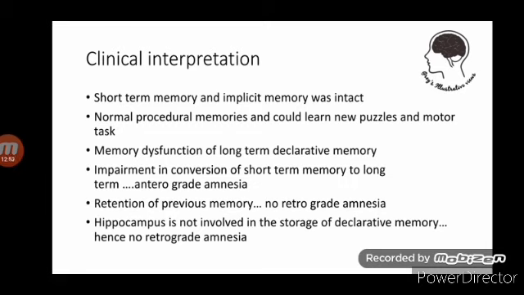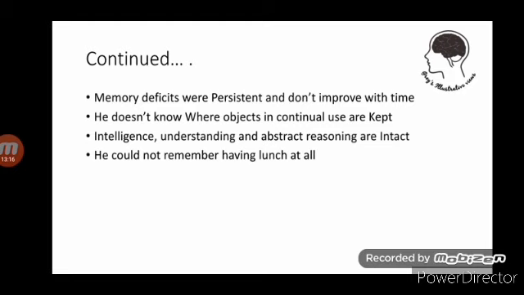Retrograde amnesia is actually a lesion of the dorsomedial nucleus of the thalamus. This means that the hippocampus is not involved in the storage of declarative memory, hence no retrograde amnesia. This was the clinical interpretation.